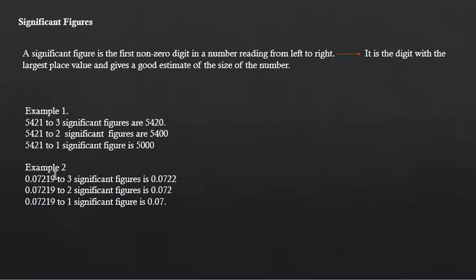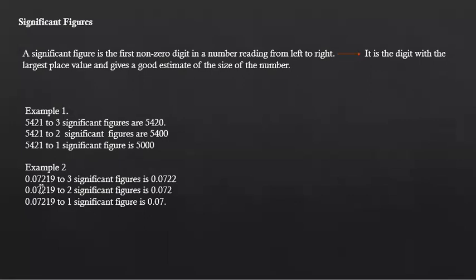Right? Now, we have decimal points. We look at the last number, and we look at what is our target number. So for three significant figures, because 9 is greater than 5, we round this one up to 2 and it becomes 0.0722.